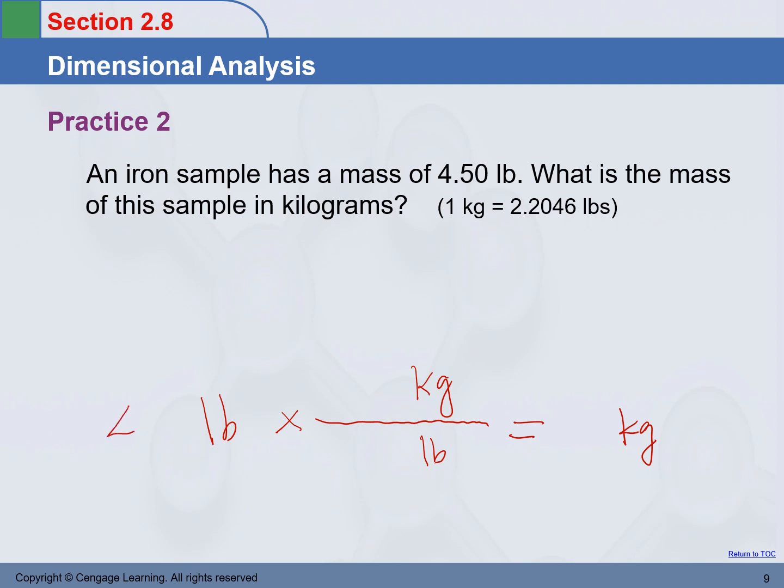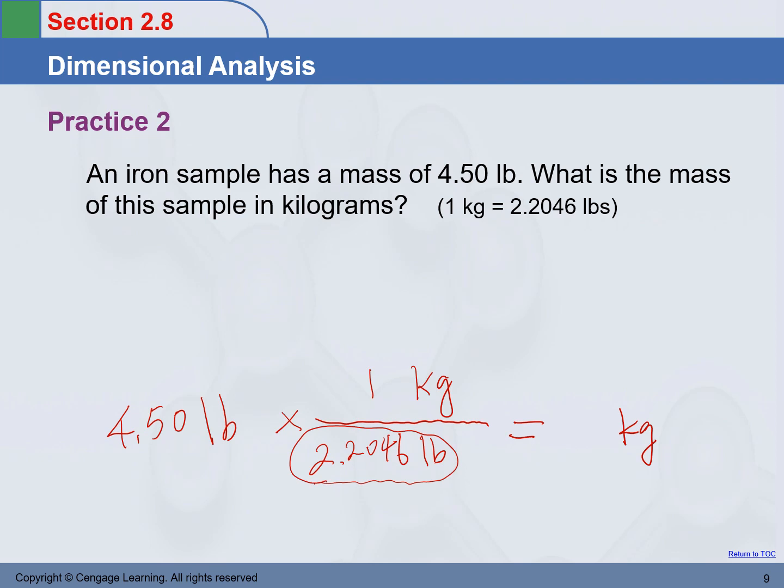Then you put in the numbers. You have 4.50 pounds. For every kilo, you have 2.2046 pounds. Now you perform the calculation. 4.50 times 1 divided by 2.2046.